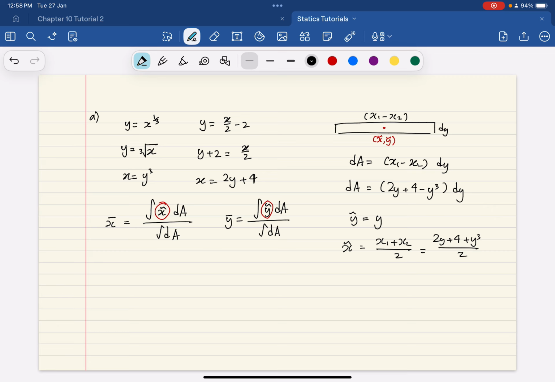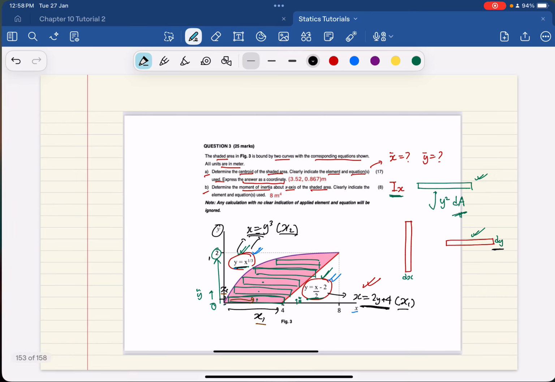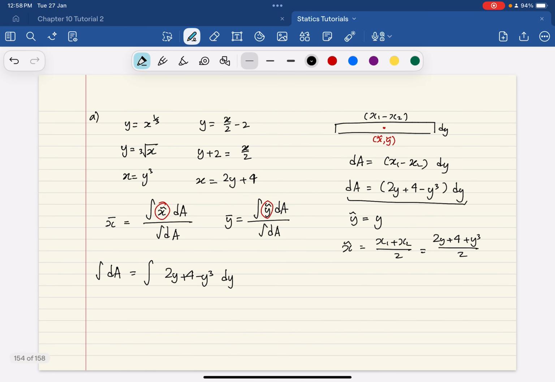With that settled, we can easily do our integration. I suggest integrating step by step, so later it'll be easy to substitute in. Let's integrate our dA first. This is our expression for dA: the integral of 2y plus 4 minus y cubed dy, with limits from 0 to 2 on the y-axis.